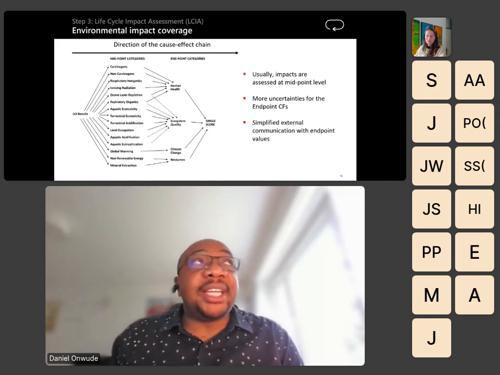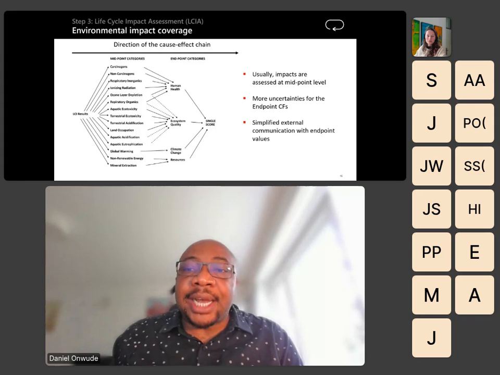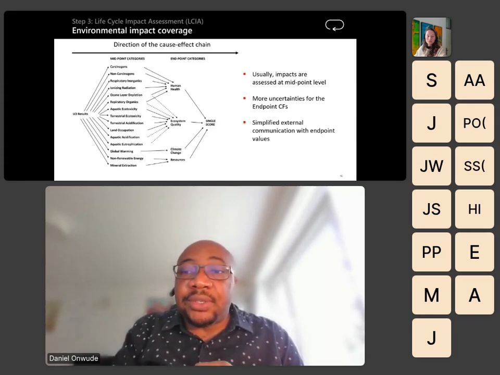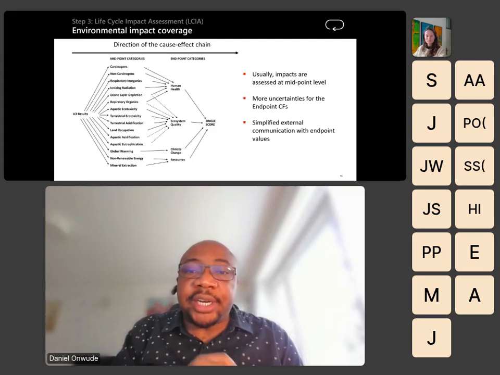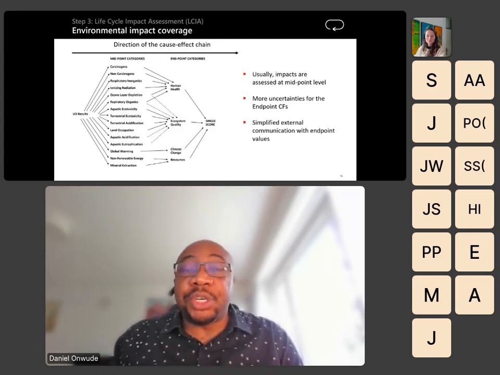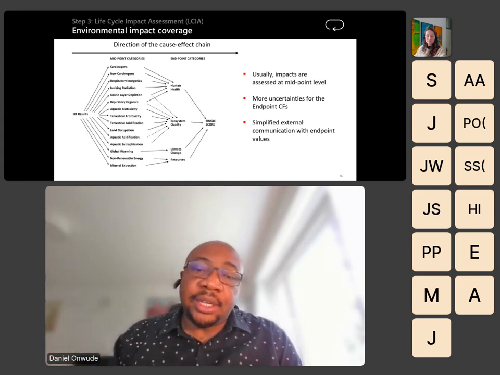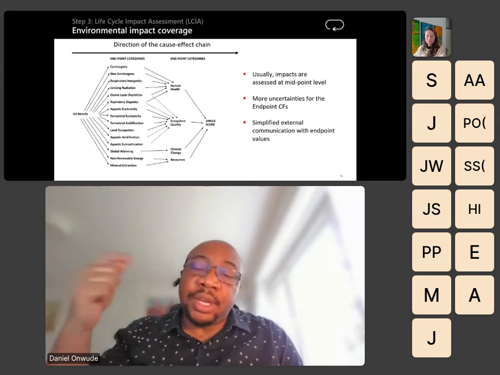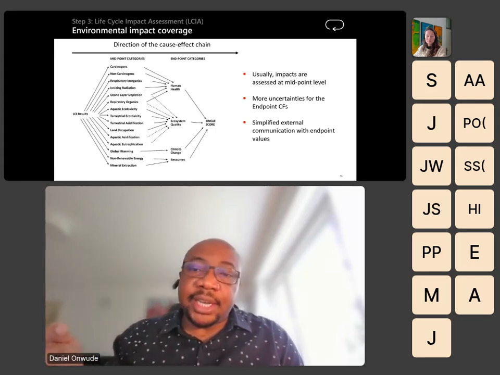Here we typically assess impact at the midpoint level. What does this mean? Things like global warming potential, acidification, ecotoxicity, and so on. And why? Because these are more measurable and less uncertain. But when you look further along the chain, you have to think about the endpoint level, right?